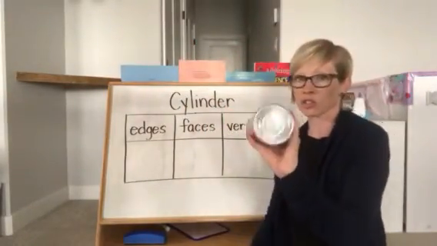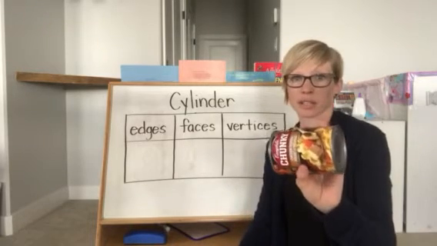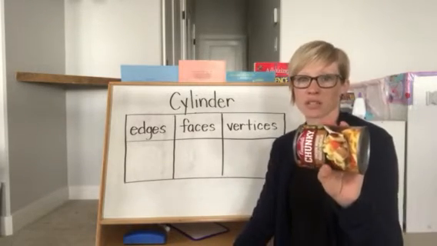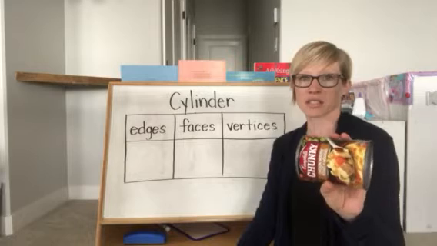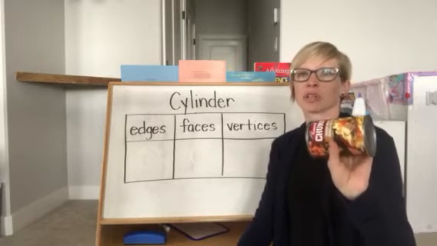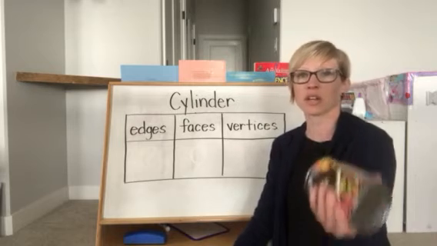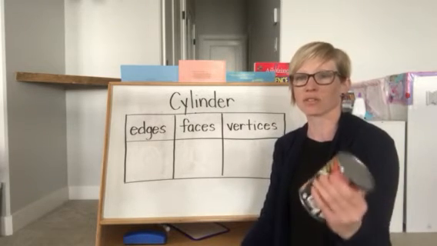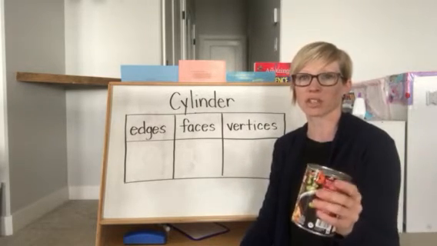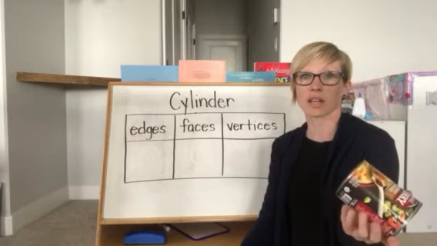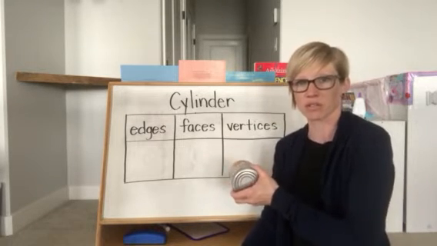So if you want to pause me right now, go and get a soup can, go and get any kind of cylinder you can find and bring it back, or use your plasticine and make a cylinder. Pause me and do that so that you have something to hold and look at and touch to figure out the rest of these questions, okay?